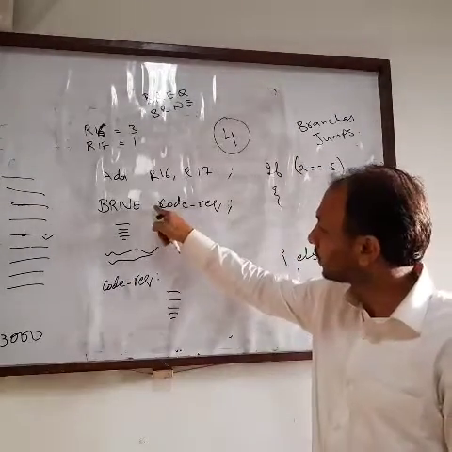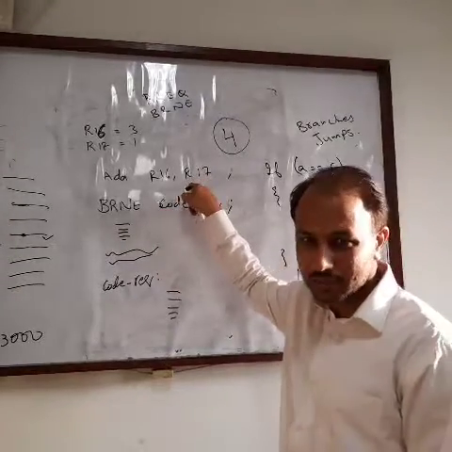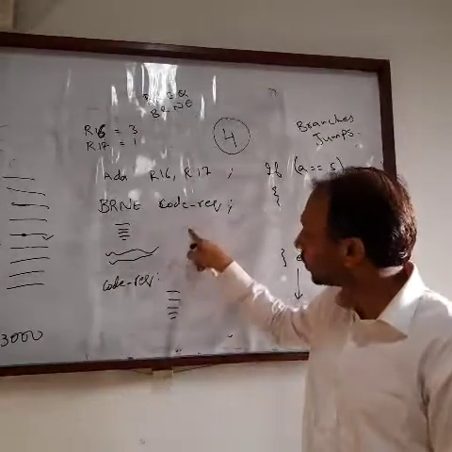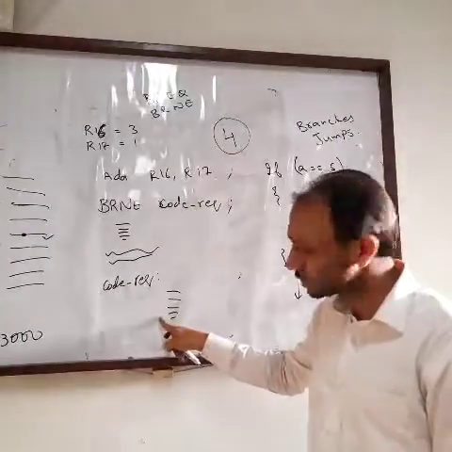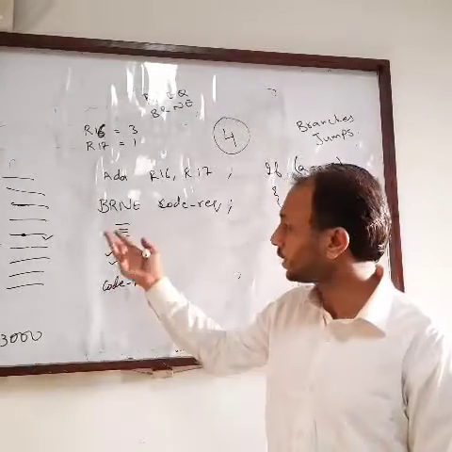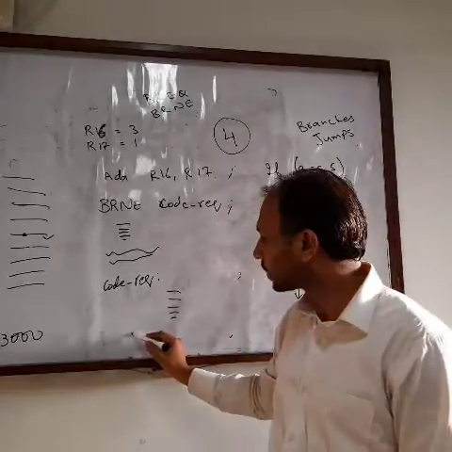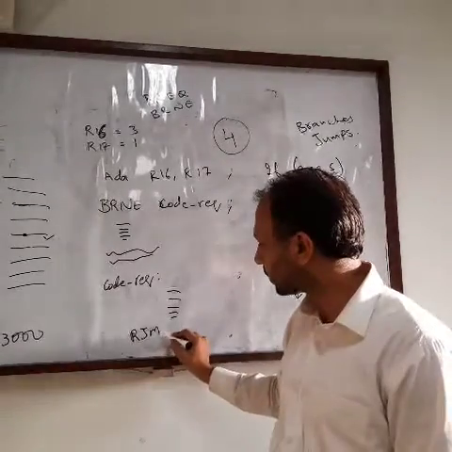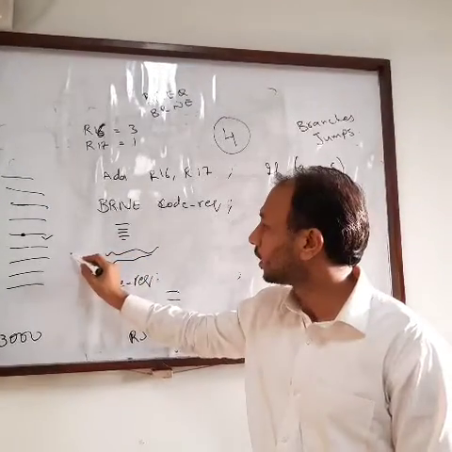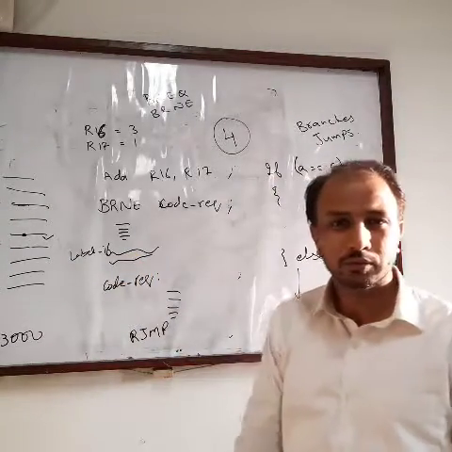You have checked here that your result is less than 5. You don't want to run this code. You came here, you ran this code. Now you want to go back, maybe to this point or some other. What can you write? You can write R jump. Let's say label if.